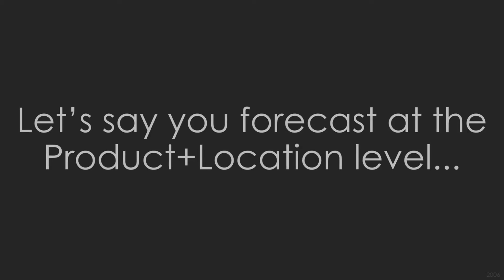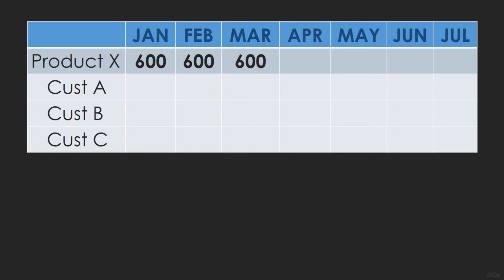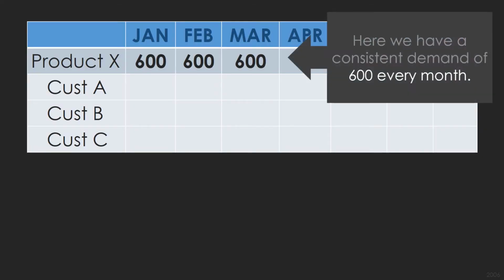Another example. Let's say you forecast at the product location level. Here we have a consistent demand of 600 every month.